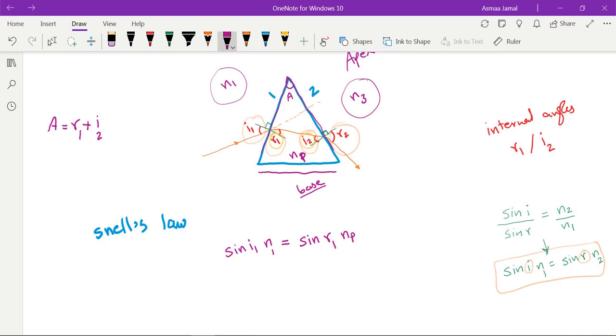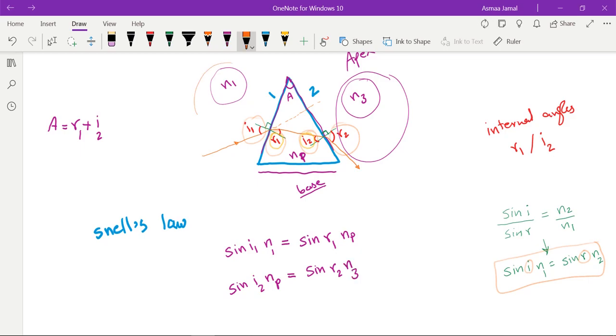And that also means the sine of the second incident ray angle, this time multiplied by the refractive index of the prism, since it's inside the prism, equals the sine of the second refracted ray multiplied by the refractive index here, which is the third refractive index.